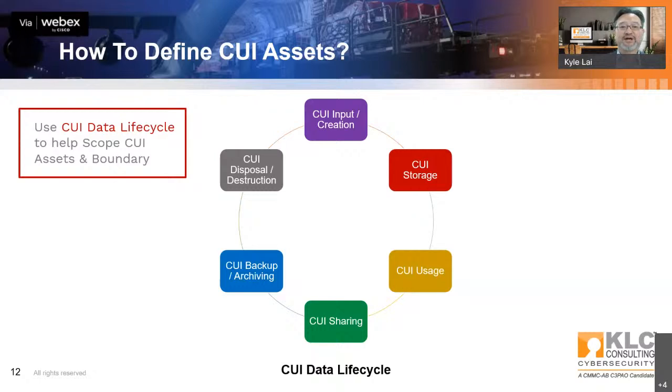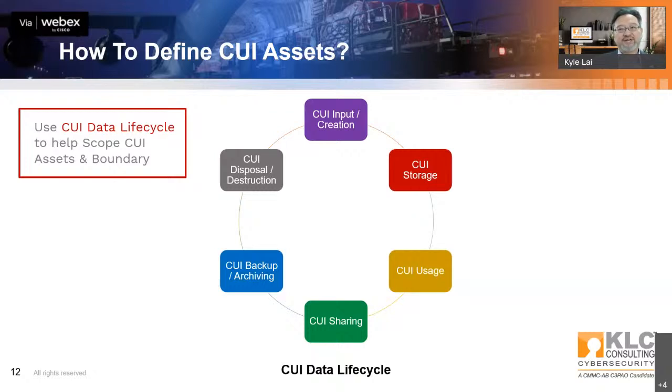So these are the CUI inputs. How do you get the CUI input into your organization? And also, how do you create this information, right? When we're talking about the CUI input, this could be the information you get, you download, or how you receive this information from your DoD or prime contractors. And also creation is how you create the CUI information within your own organization.